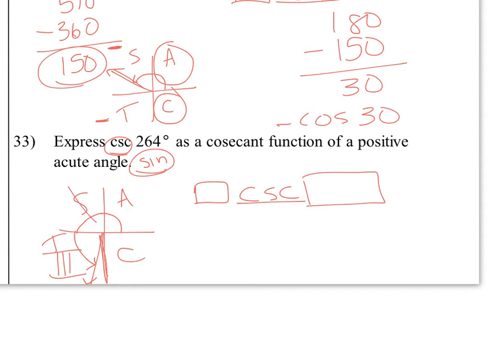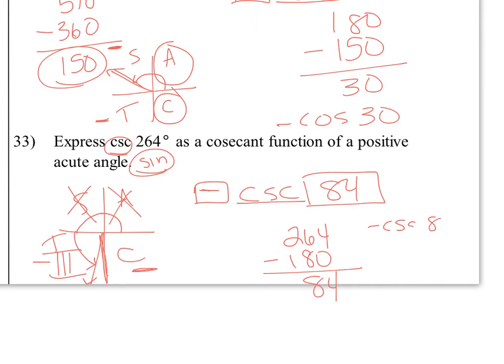Sine is positive here and here, so this is going to be negative in quadrant 3. To find the reference angle, we subtract 180. 264 minus 180 is 84. Positive acute angle, so it's negative cosecant of 84.